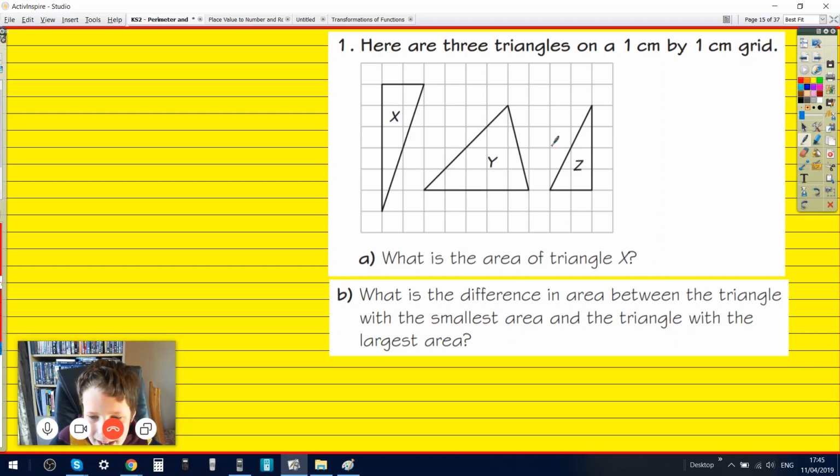So for triangle X, how do we find the area of a triangle? Well, we do half times base times height.